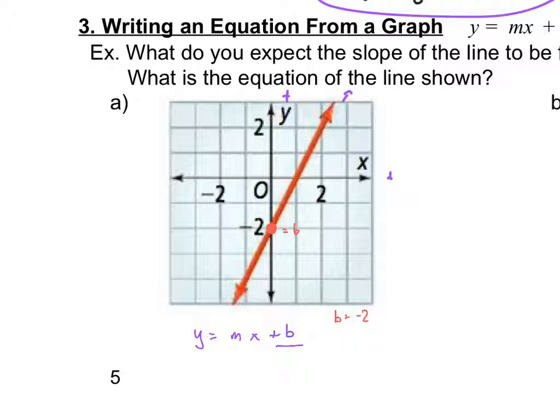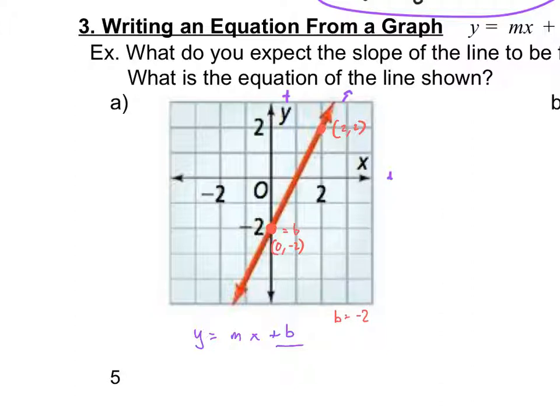And then I'm looking for my slope. Now, we haven't talked about points yet. I could take my 2 points here: 0, 2 and 2, 2, and this one is 0, -2. I have those 2 points. I could calculate my slope, but I could also just look at the graph.